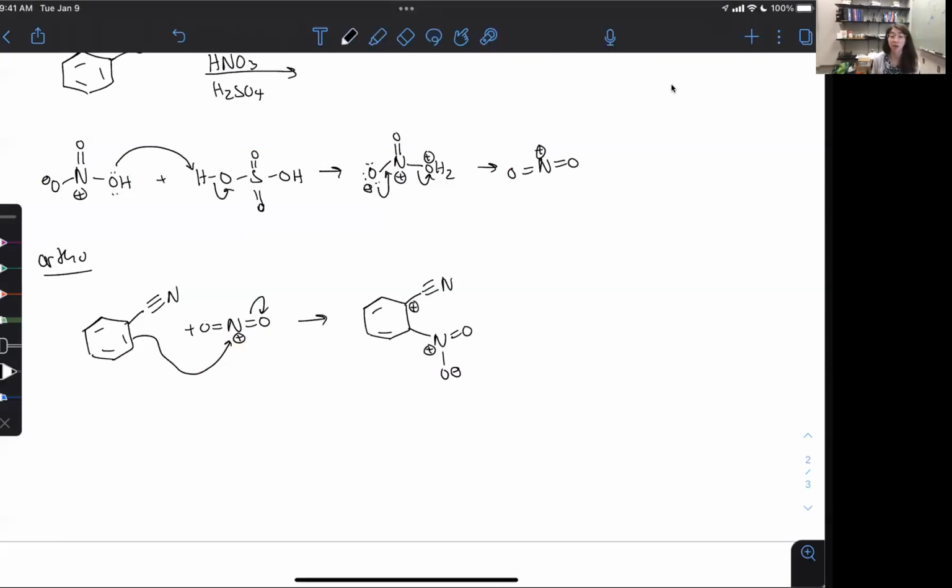Okay, so I've got a positive charge right here. One thing we want to keep in mind is we do need to think about the resonance structures involving our nitrile. Just like in a carbonyl, I cannot do that because that's going to take electrons away from my nitrogen, which is electronegative. So the only option is actually this way, away from the positive charge.